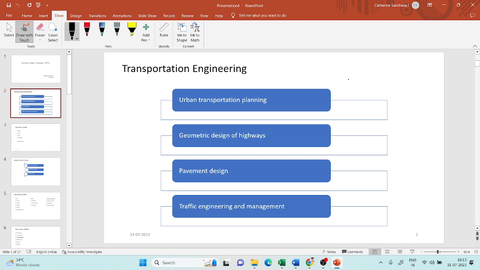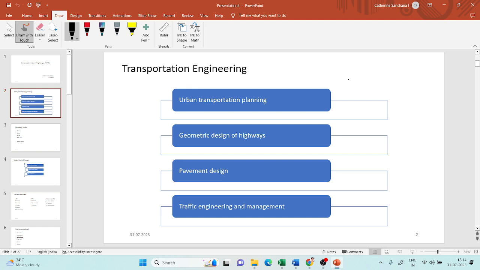When we go into pavement design, it deals with the structural design of the pavement. Geometric design deals with the physical design, and the structural design of the pavement will be covered in pavement design.